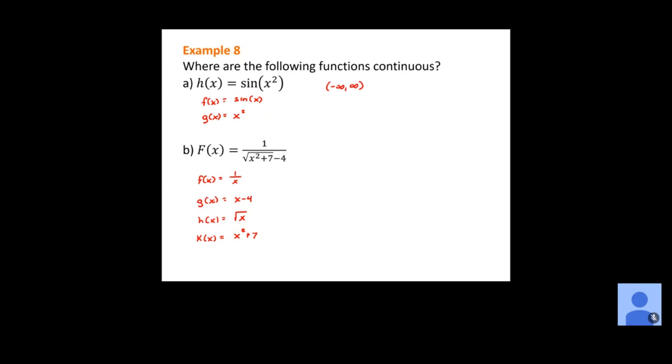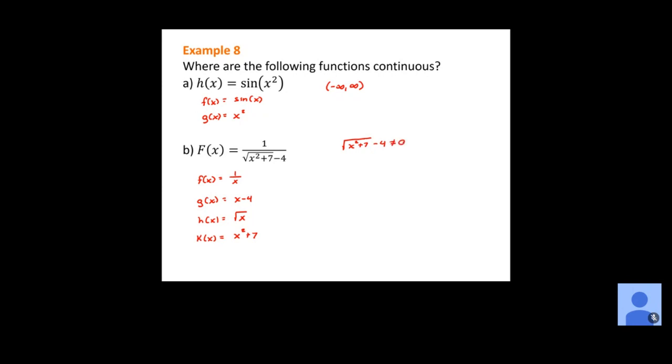So now we just need to find the domain of the original function, and we know it'll be continuous there. So how are we going to find that? Okay, good, right? Set the denominator not equal to 0 here. So we have square root x squared plus 7 minus 4 cannot be equal to 0.